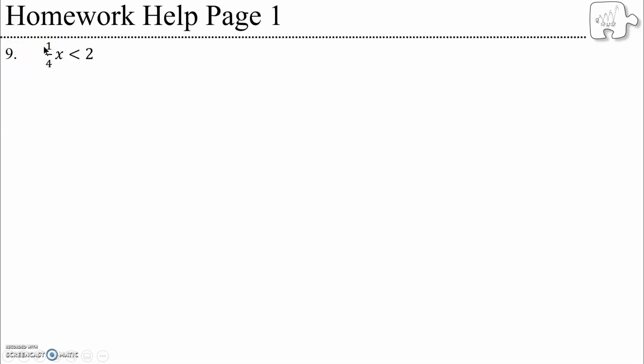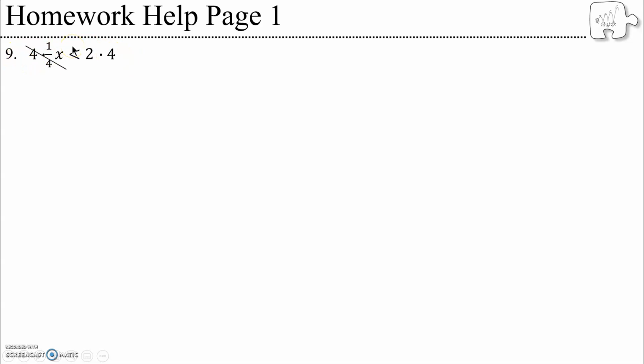Okay, and then we have this problem. So 1/4. In order to get rid of the 1/4, we have to multiply both sides by the opposite of 1/4, which is 4/1, or just 4. We're multiplying both sides by a positive, so the direction is not going to change.